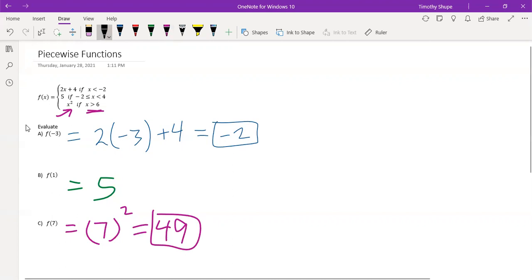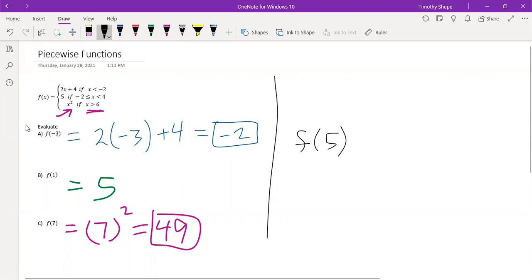Now, there is a possibility, if these pieces of the domain don't line up, kind of like they do here, that I could try to evaluate something and it doesn't work. Because if I try to, let's say, evaluate the function when x is equal to 5, well, 5 isn't less than 4, so it can't fit into the second piece of the function.